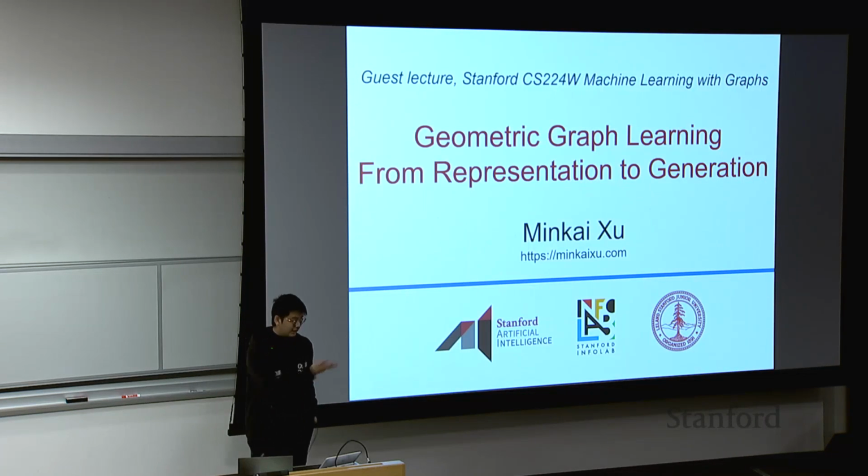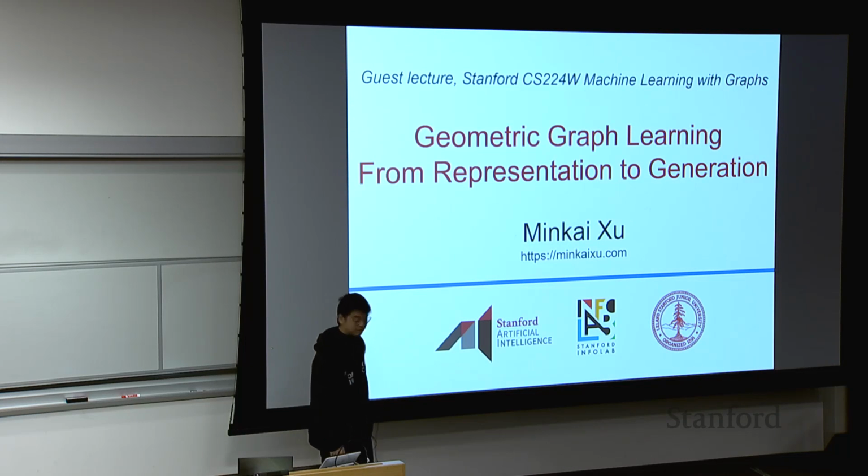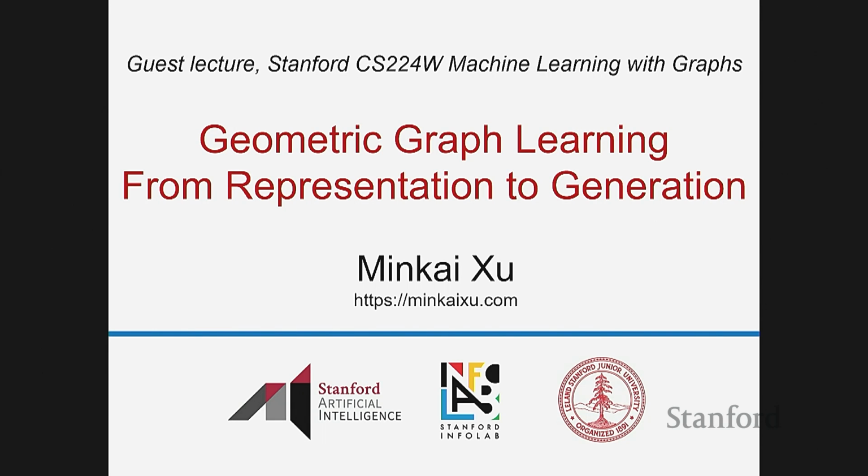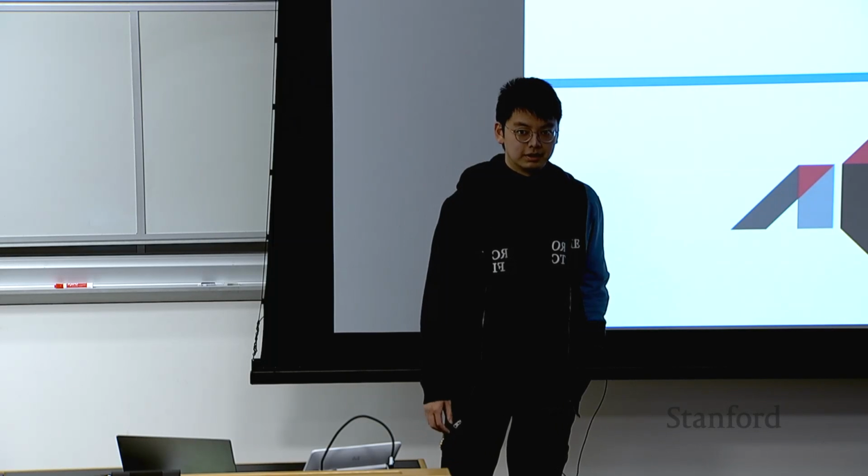Okay, I think Jure has nicely introduced me. I'm a PhD student at Stanford in computer science, working mainly on the intersection of generative models and graph representation learning. The applications will mainly be graph generative models on molecular structure, on drug discovery, on protein design, something like this.